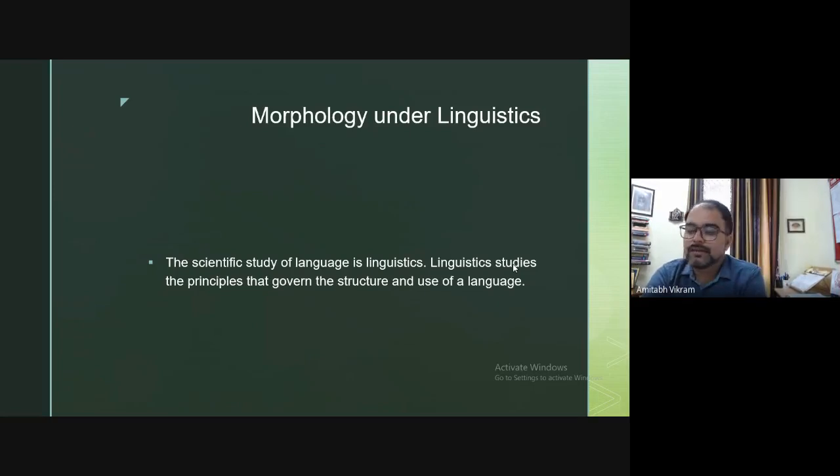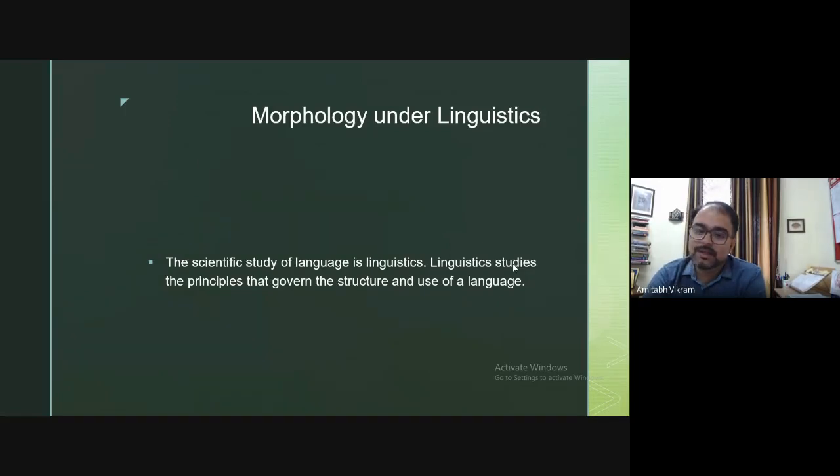So we have different principles, and based on those principles we can use language uniformly. What is grammatical for one person is grammatical for all. What is ungrammatical for one person is ungrammatical for all. What is acceptable for one person is acceptable for all, and what is unacceptable for one person is unacceptable for all.